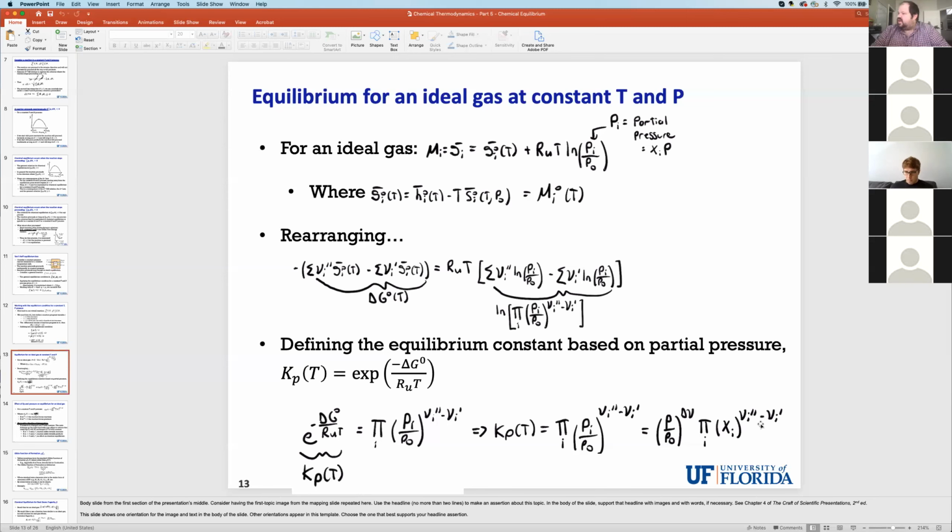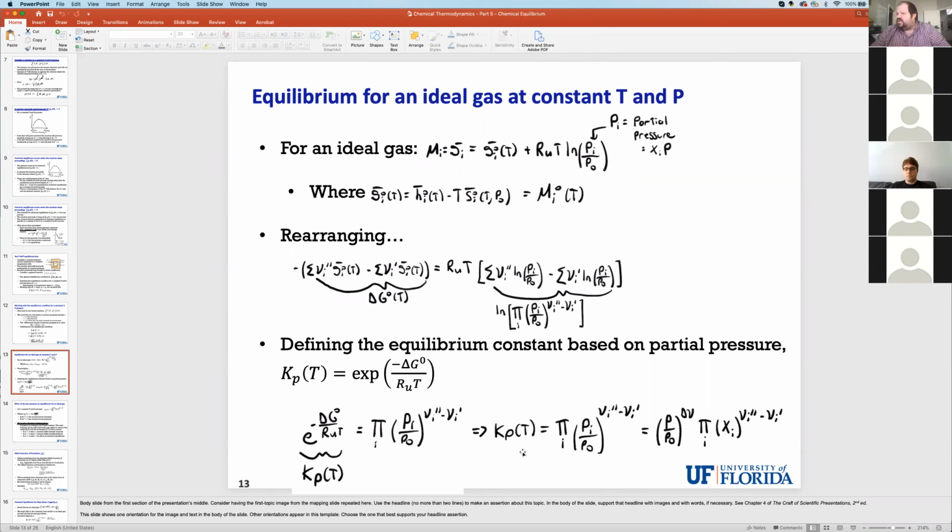So in your combustion classes, this is actually the version that you used quite a bit to solve chemical equilibrium problems. You'd find Kp(T), find the relationship between the reaction progress variable xi, and then use this expression to solve for the reaction progress variable in terms of the equilibrium constant.